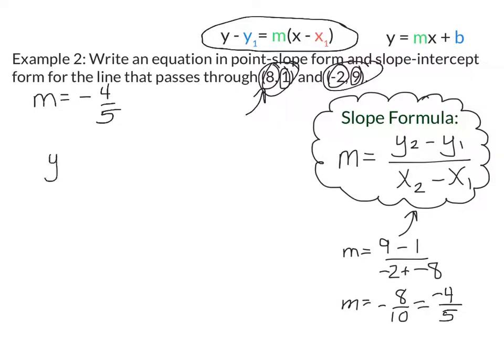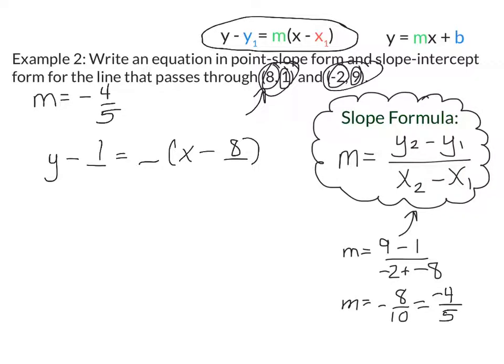So I'm going to write my template, y minus y1 equals m times x minus x1. So 8 is where the x1 goes, and then 1 is where the y1 goes.